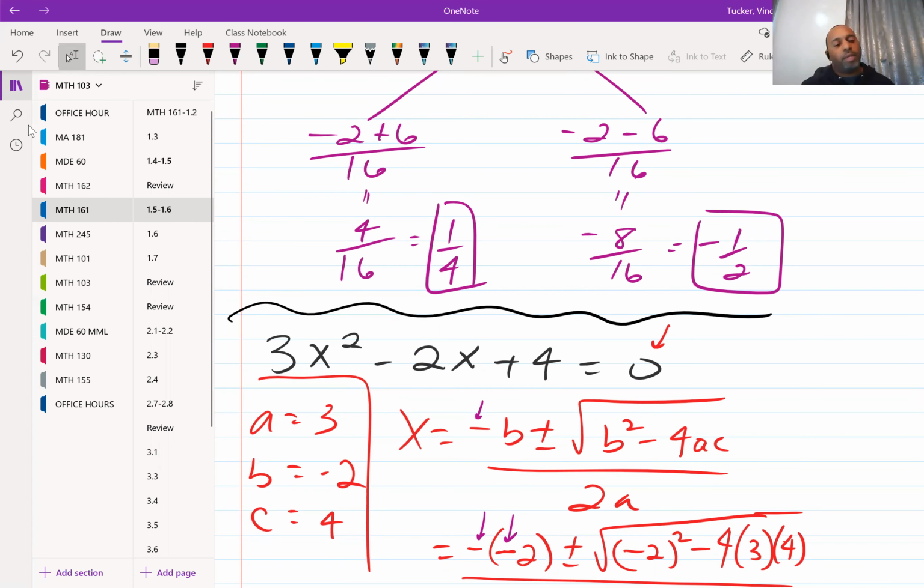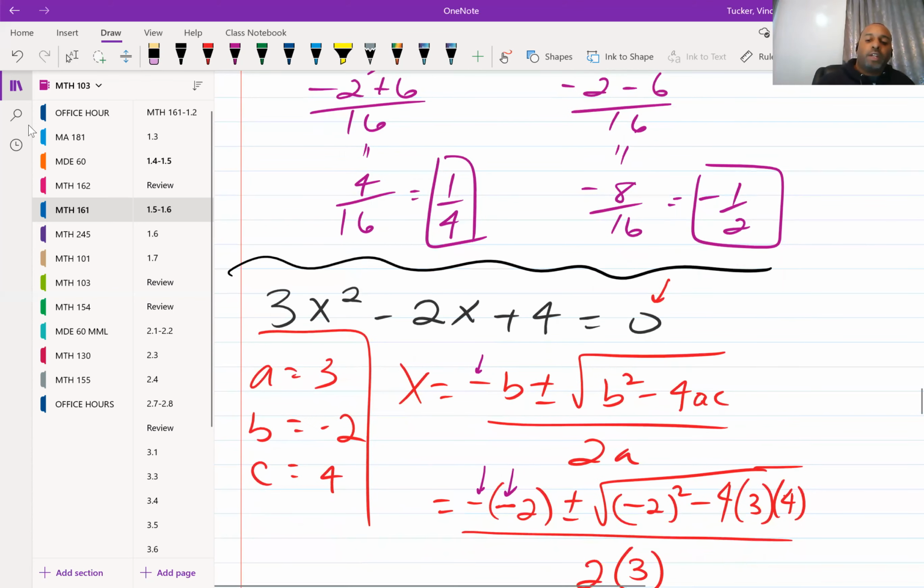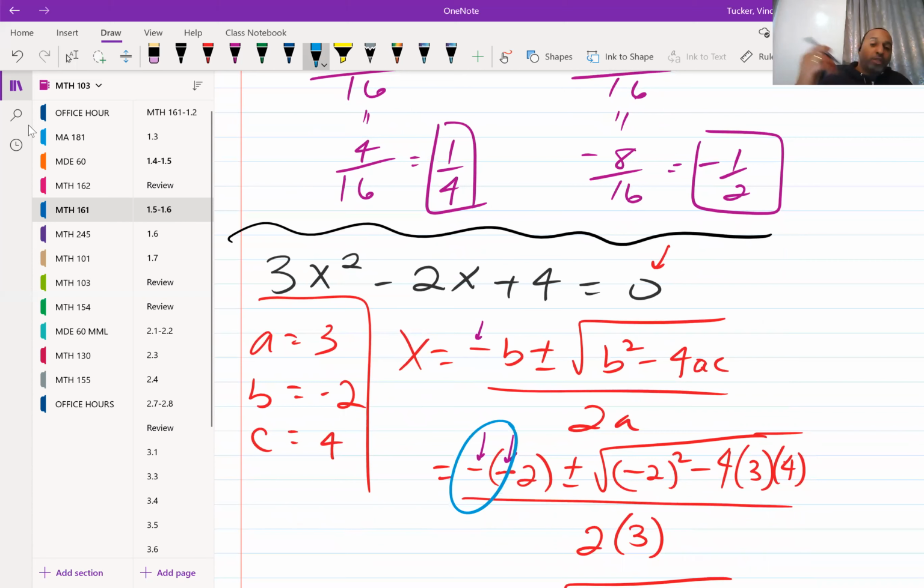So A is 3, B is -2, and 4 is C. And then from there, we plug it into the formula. And so here, notice we have a double negative. Make sure you don't lose a negative when you do your substitution. There's a negative in the formula, and B is -2. So it should be -(-2) plus or minus the square root of (-2) squared minus 4 times 3 times 4 over 2 times 3.